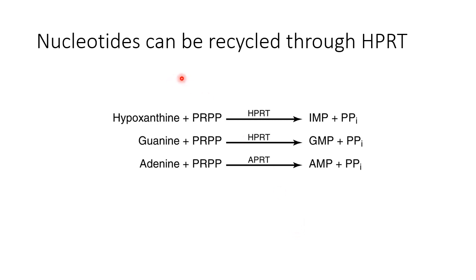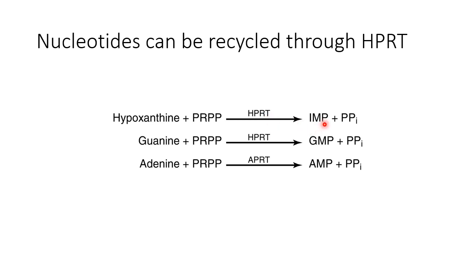Next, nucleotides in the human body can be recycled through HPRT. HPRT stands for hypoxanthine guanosine phosphoribosyl transferase. So hypoxanthine plus phosphoribosyl pyrophosphate, acted upon by HPRT, will form inosine monophosphate.